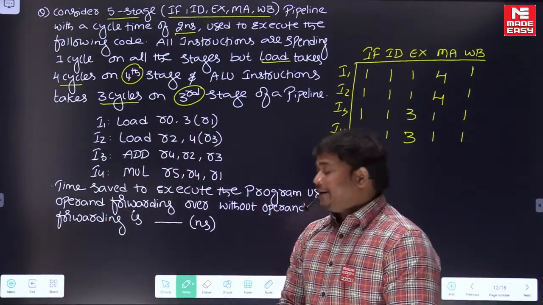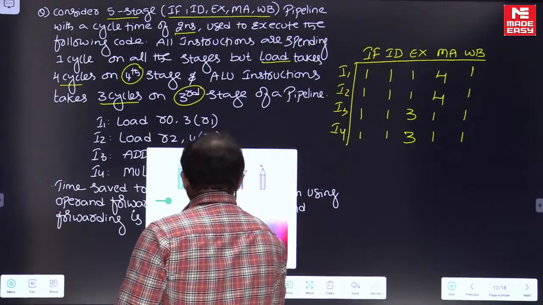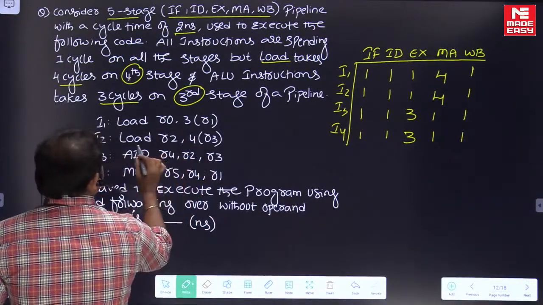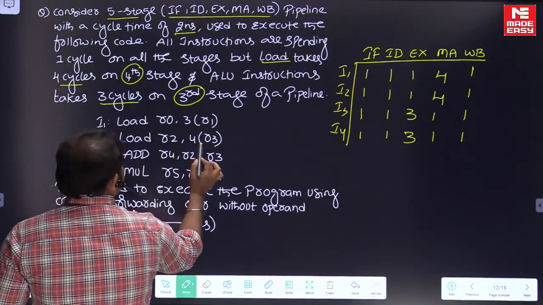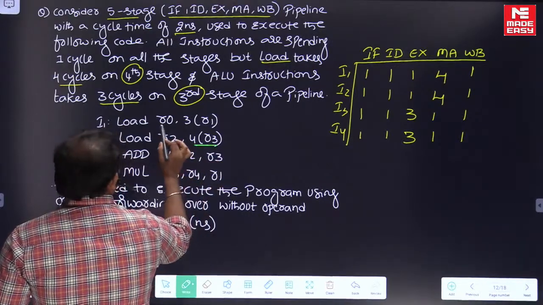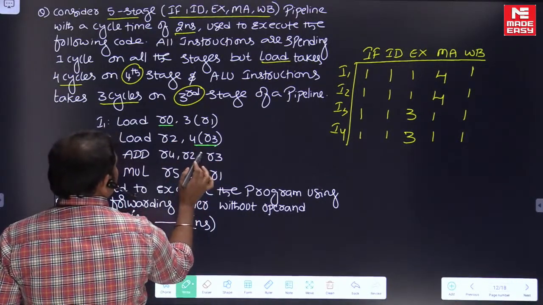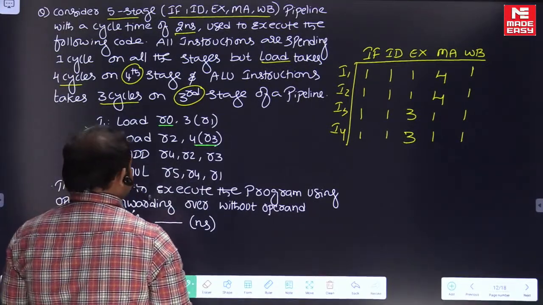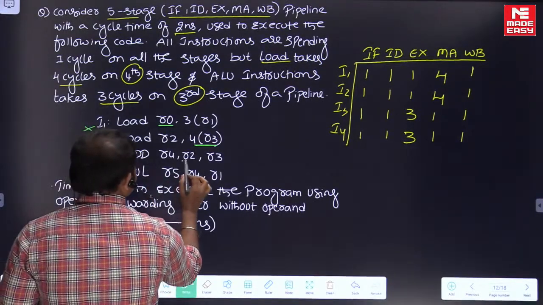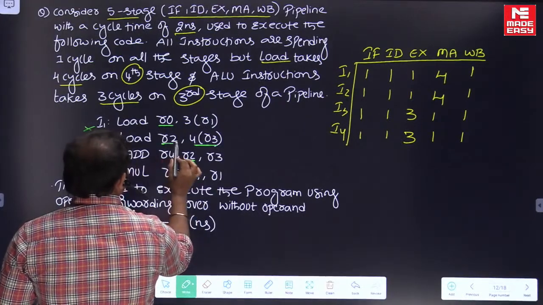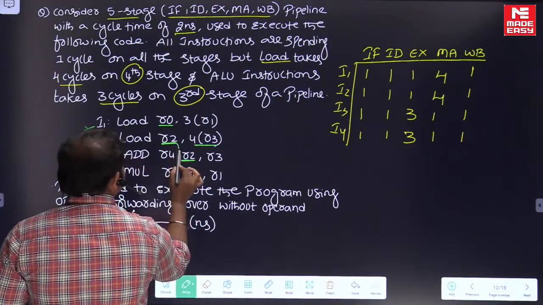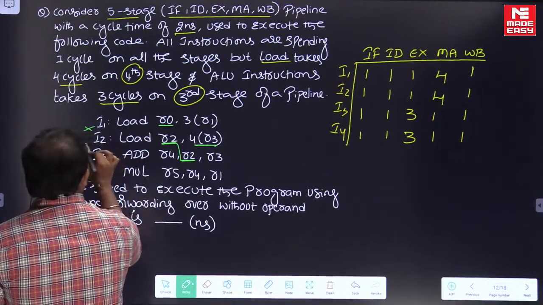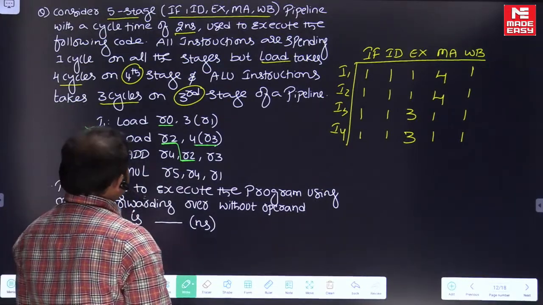Now decide the dependencies. For I2, are its inputs matching I1's outputs? No. Therefore, there is no dependency between I2 and I1. I3 input: compare with I2 output. Matching? Yes, matching. Therefore, I3 is dependent on I2.